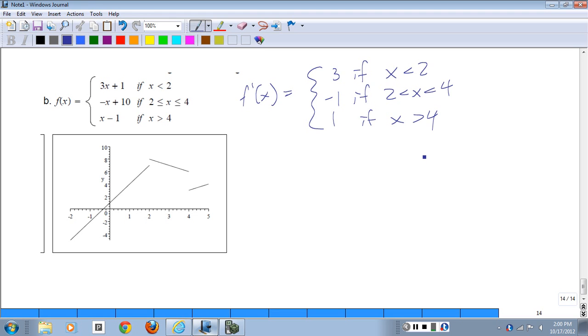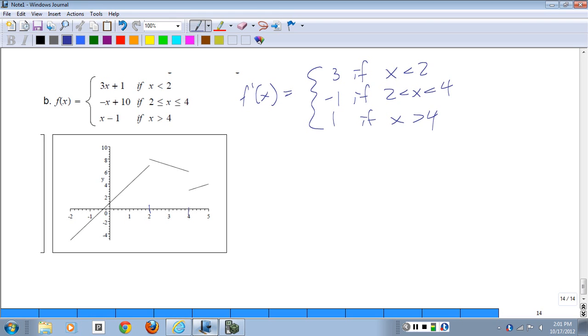Because the derivative fails to exist at 2 and it fails to exist at 4, those are critical numbers, not because f prime is 0, but because f prime is undefined.